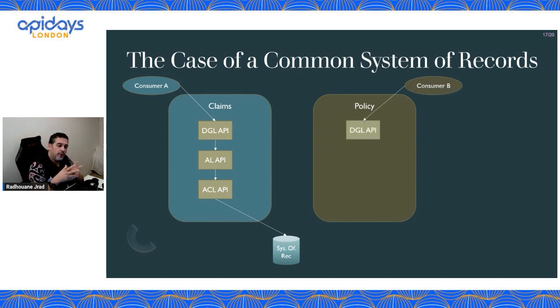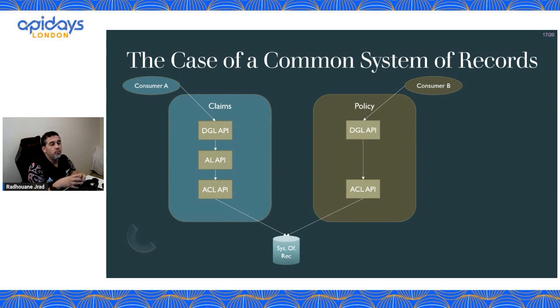Now, the policy team comes and says, okay, since there is an API to that system of record, I'm going to use it to get my policy data. What you're doing here effectively is you have one ACL API that is working for claims and policy. That is cross-contamination. So for the same system of record, each domain would have its own ACL API.